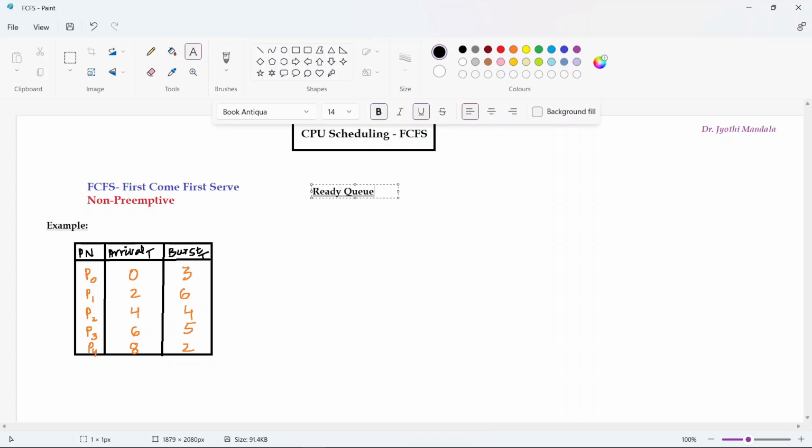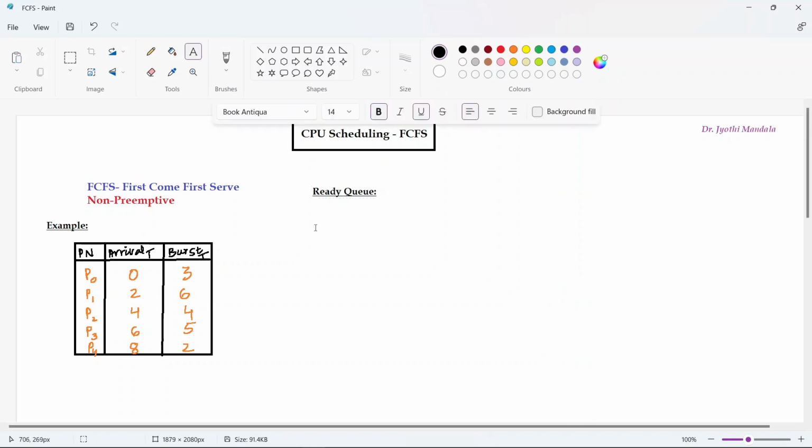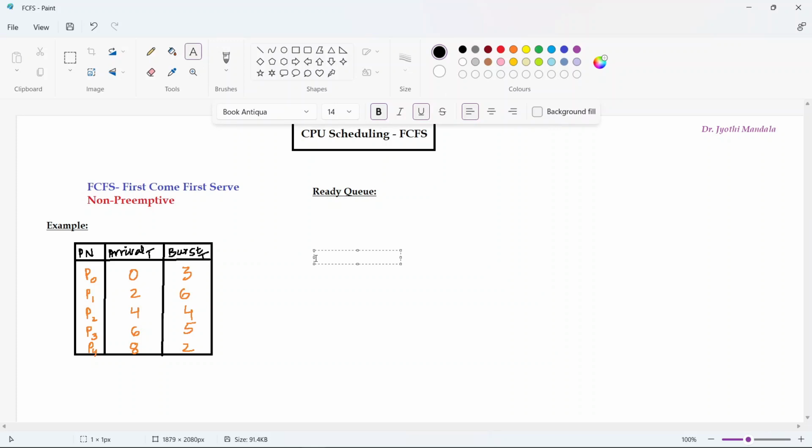And also we need to draw one Gantt chart. The Gantt chart represents the time interval when each process has started its execution, the complete information, like when it has entered the ready queue and the CPU utilized time, maintained in the form of a Gantt chart. Okay, so I will tell you how to draw this one.